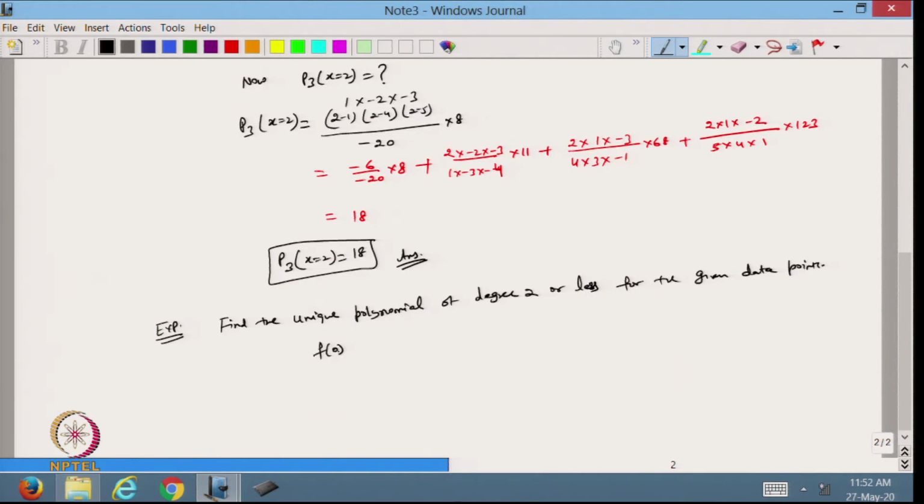So, it is given F0 is 1, F1 is 3, and F3 is 55. So, this value is given to me.